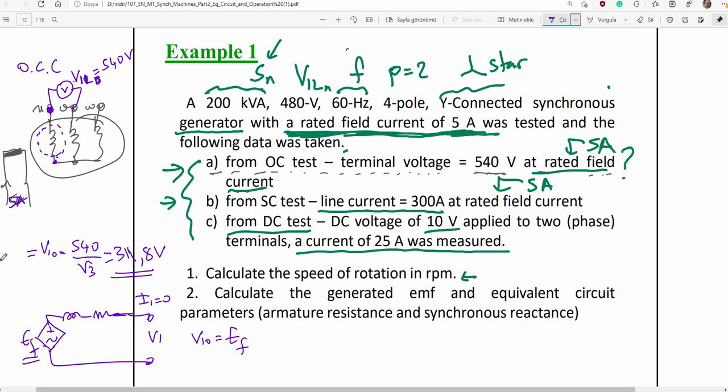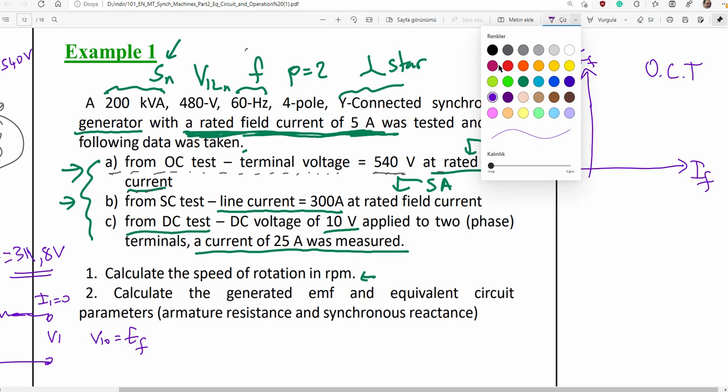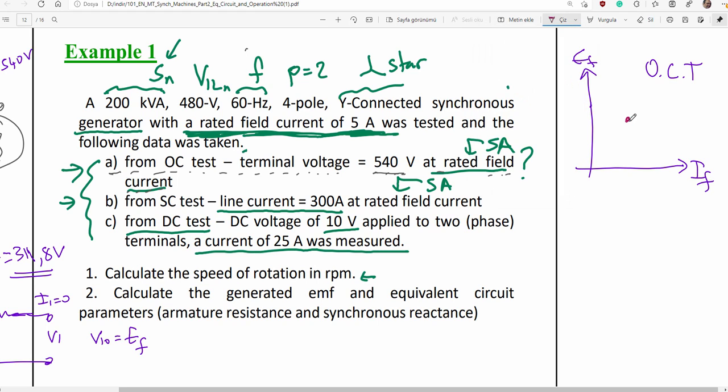In fact, that is equal to EF. And you can estimate what is happening inside the machine. Here is IF, here is EF, I mean open circuit test, and then here's a point.